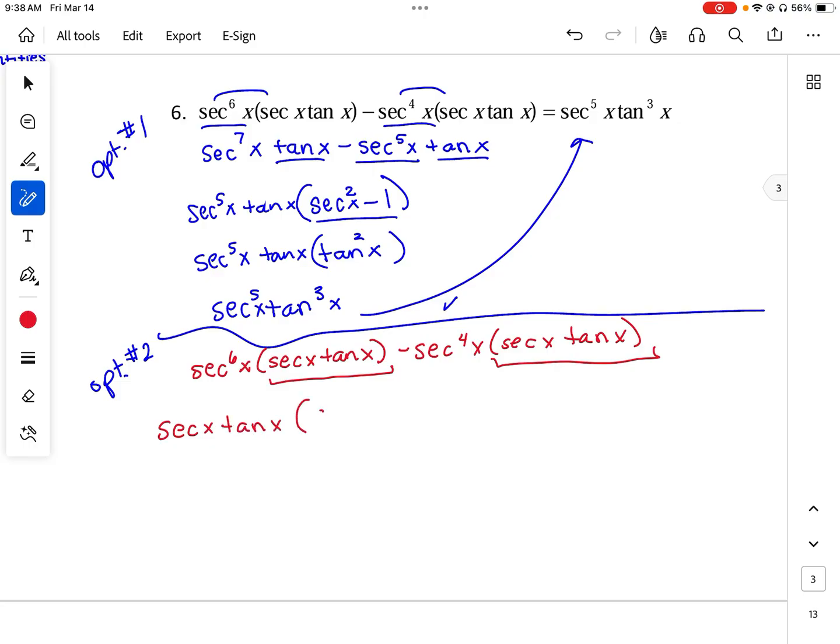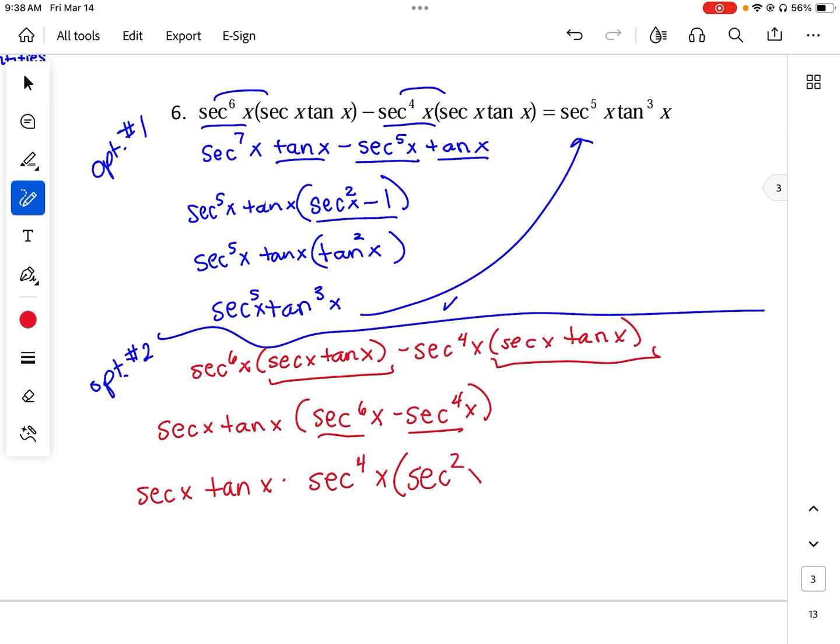So secant x tan x, secant 6x minus secant 4x. Okay, and then I can factor out a secant squared. So I have secant x tan x times, I'm factoring out secant squared x, and that leaves me, oh no, it wouldn't be squared, it'd be to the 4th because they both have at least a 4th power.